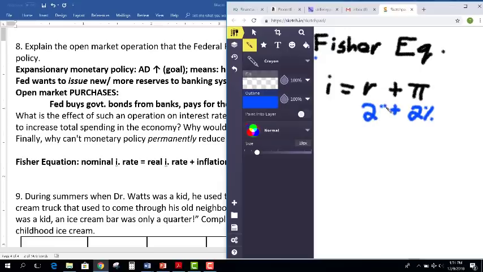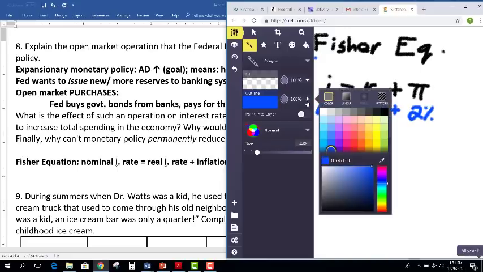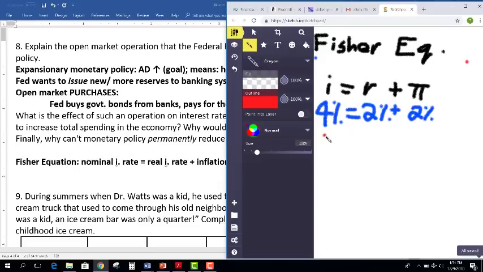So the amount banks charge is going to be what? 4%. Now, the Fed wants to reduce that. Okay, so here's what the Fed does with its expansionary monetary policy, open market purchases. Here's what the Fed's going to do. Let's just pick a round number here. They're going to do 3%. Okay, now this is what they initially do.